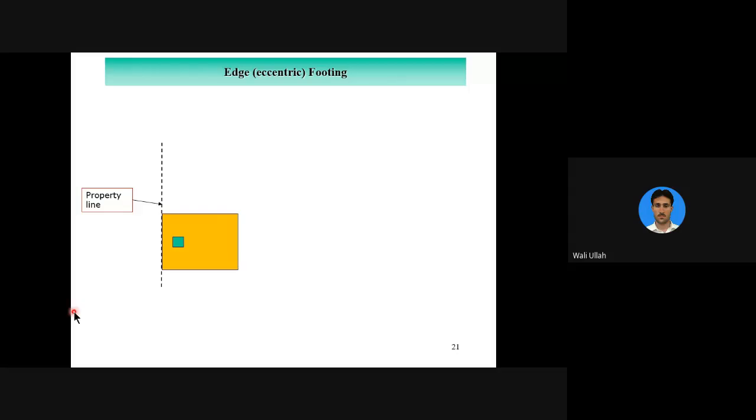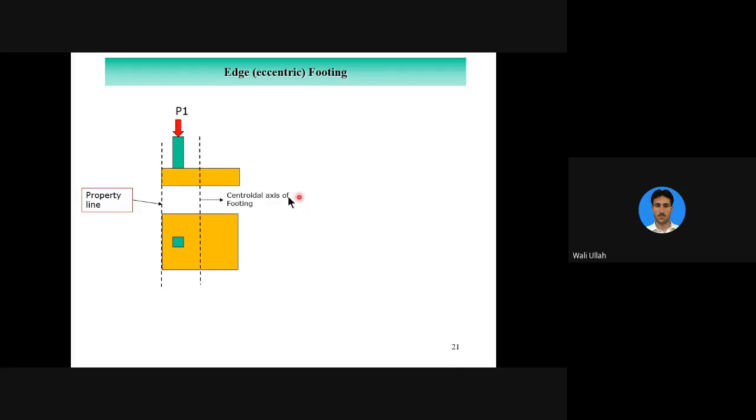Nobody told me what could be the problem if I provide such a foundation. Non-uniform soil pressure, yes. And I'm going to explain why. You see, this is the sectional view. This is the load, and the centroid of the footing is here.